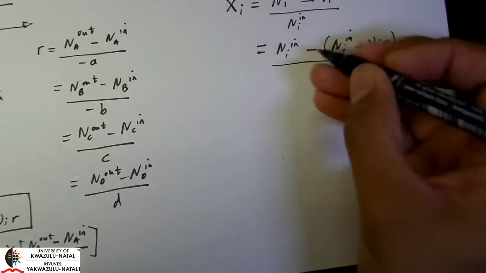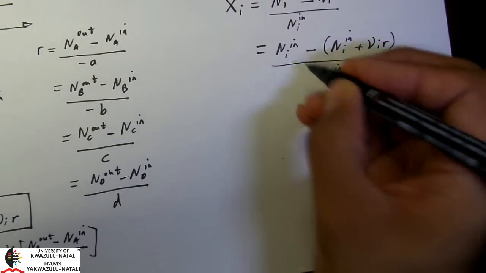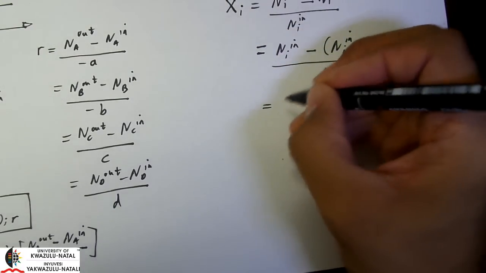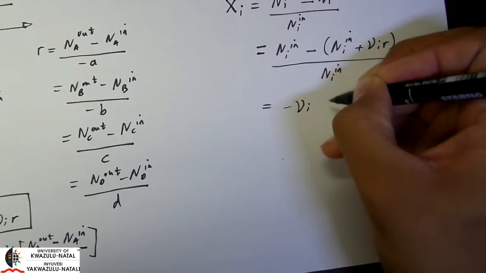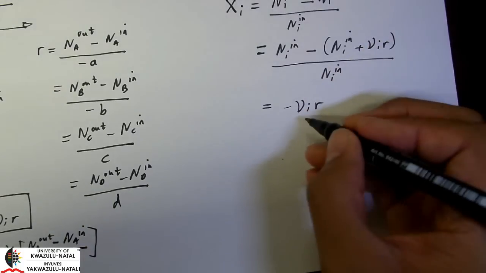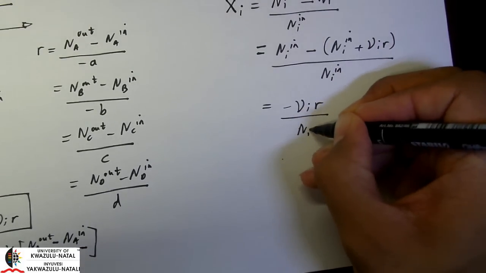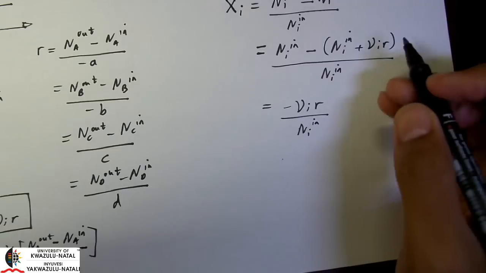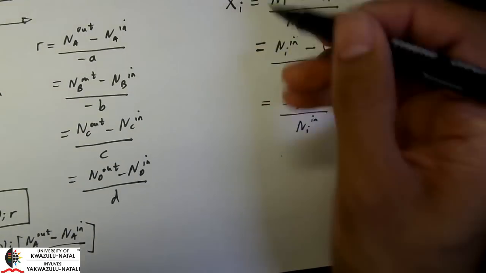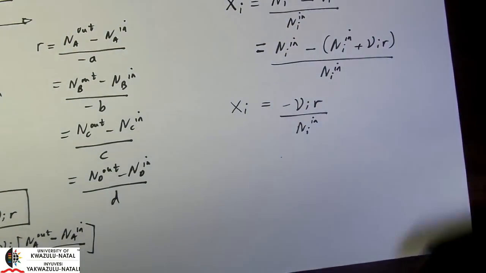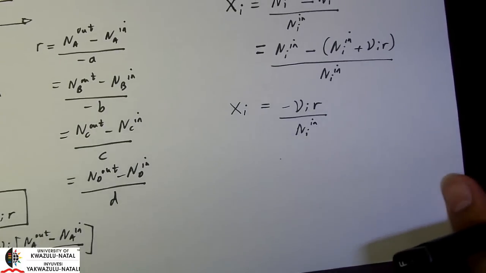This can reduce if we simply open these brackets out. We find that our conversion is equal to the negative of our stoichiometric coefficient times our overall reaction rate over our input flow rate. So we have a relationship between our conversion and our overall reaction rate.